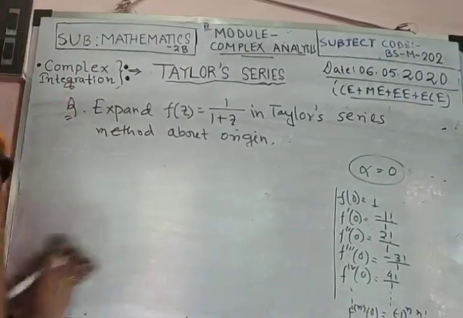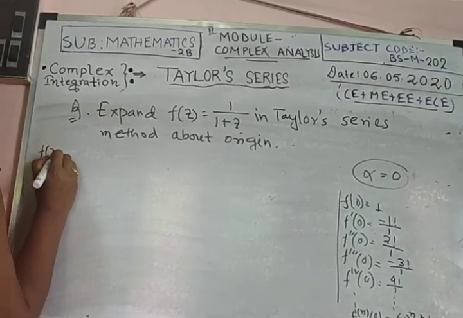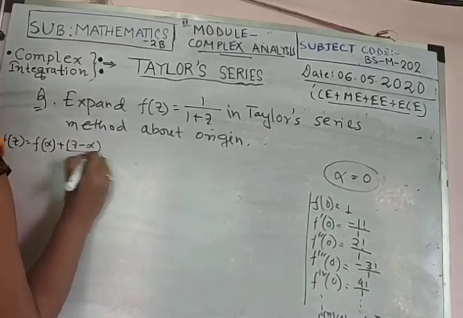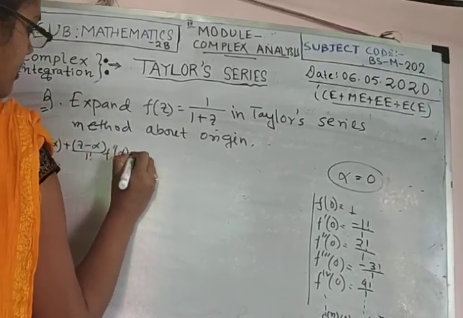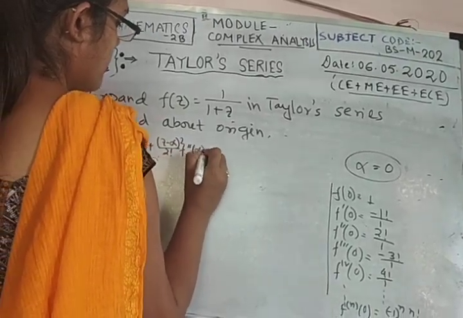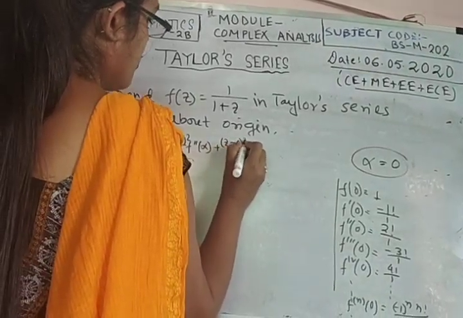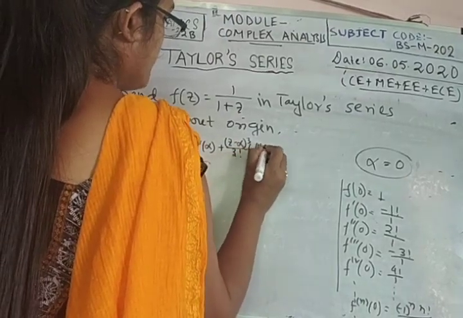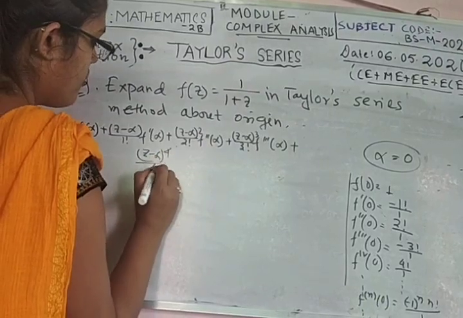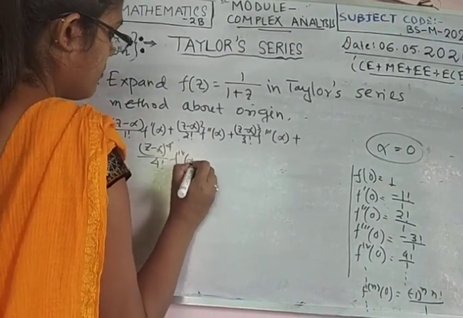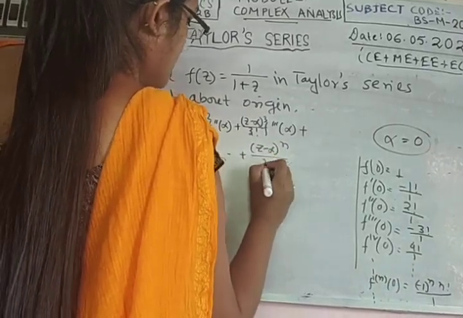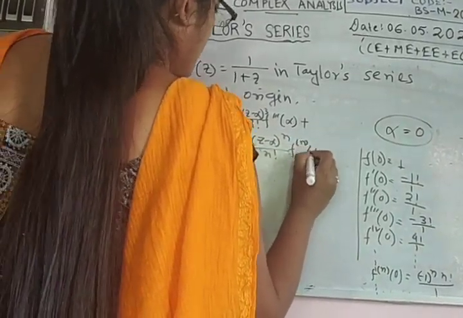Now using the Taylor series formula, f(z) equals f of alpha plus (z minus alpha) by 1 factorial f dash alpha, plus (z minus alpha) square by 2 factorial f double dash alpha, plus (z minus alpha) cube by 3 factorial f triple dash alpha, plus (z minus alpha) to the power 4 by 4 factorial f4 of alpha, up to (z minus alpha) to the power n by n factorial f of n alpha.